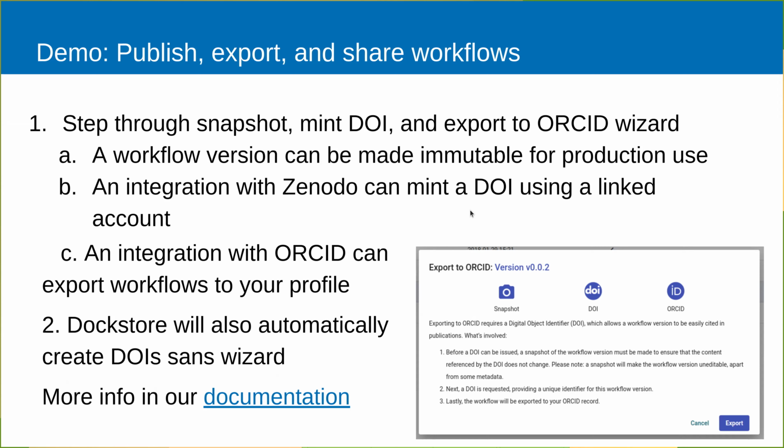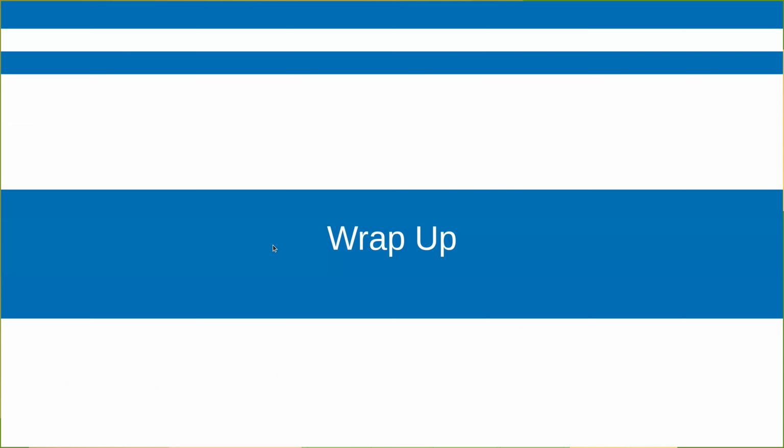Zenodo is a common interface based in Switzerland, where you can mint a digital object identifier. Digital object identifiers are commonly used in papers, and you can create a DOI both for your workflow as a whole, but also for specific versions of your workflow. And then afterwards, that workflow can show up in your ORCID profile as well.